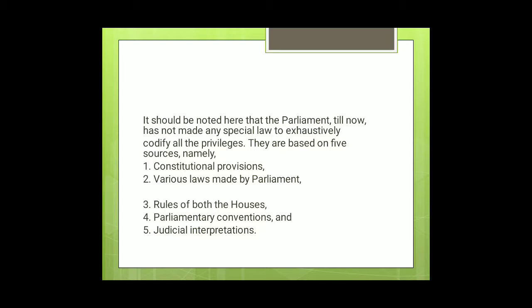Both can include things, but contempt of house has a wider implication. There may be contempt of house without any specific breach of privilege.